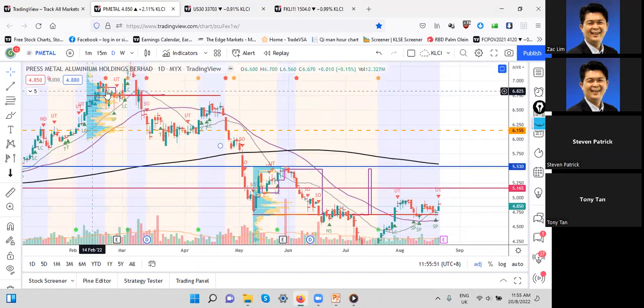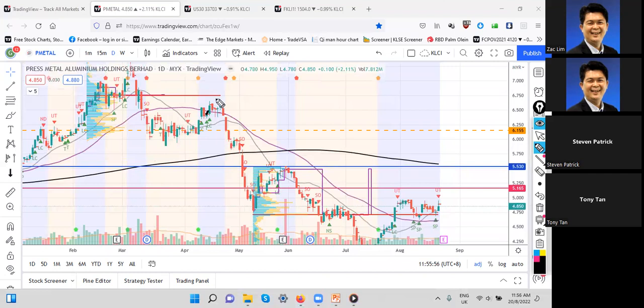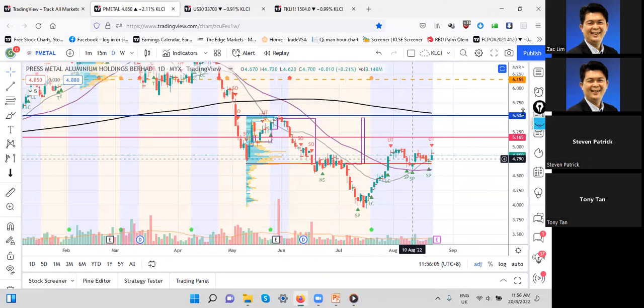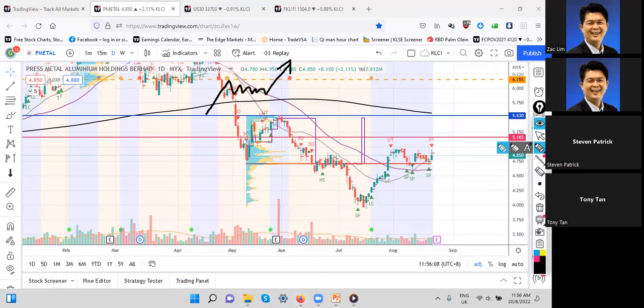For the higher one I mentioned just now, the best case is you break and linger here, and there will be a rebound. Similarly now, Press Metal actually has a good tendency to go up from here to this line. But this line is based on the support and resistance that we drew earlier.